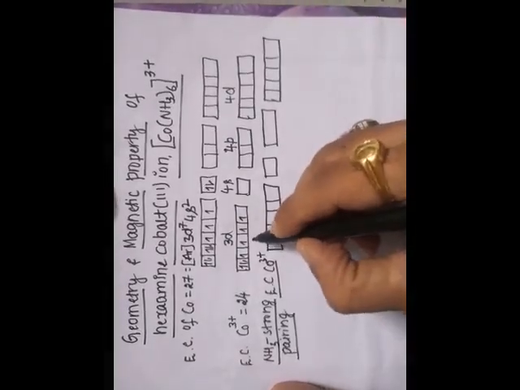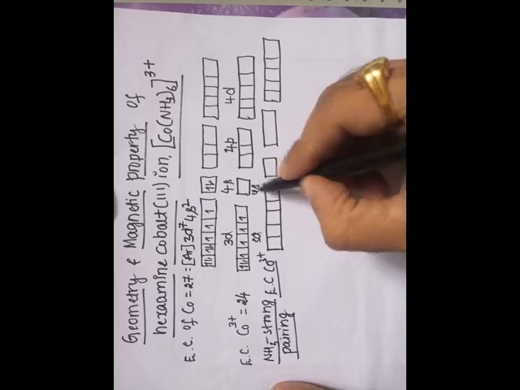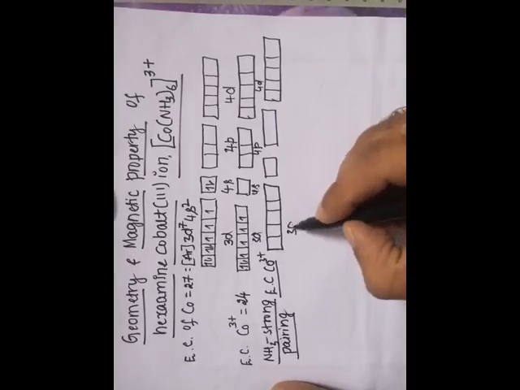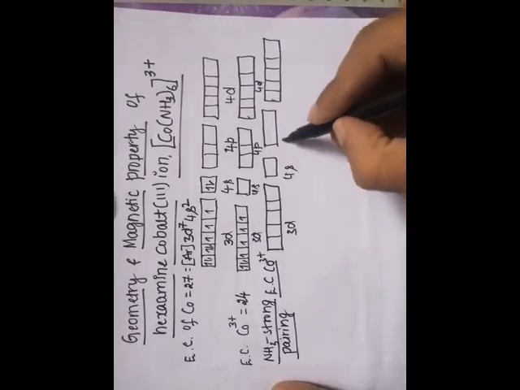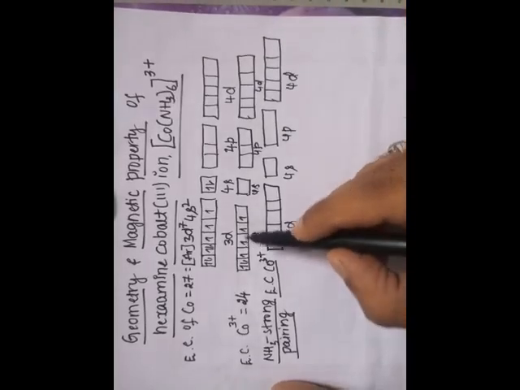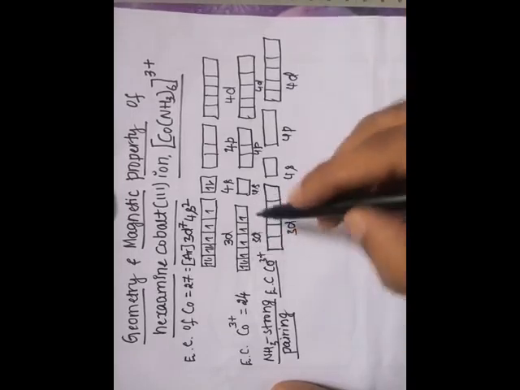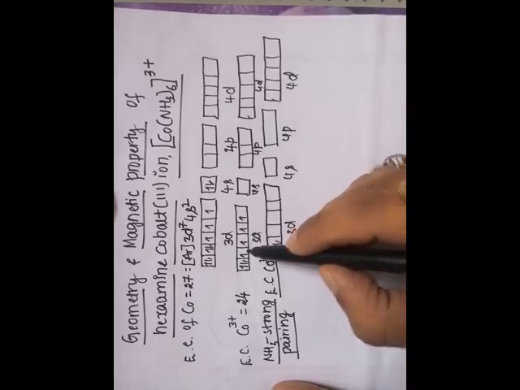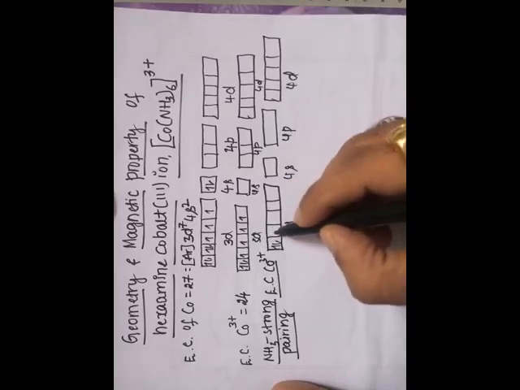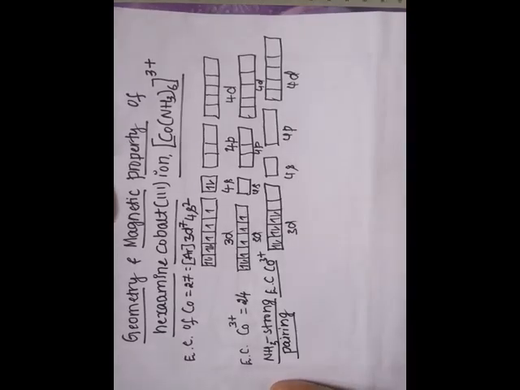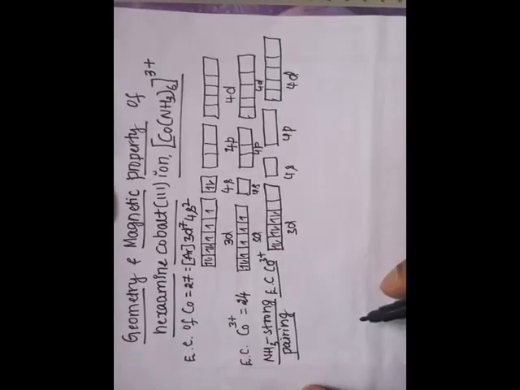This is 3d, 4s, 4p and 4d. These unpaired electrons will get paired up. One pair is already present, so these 4 electrons will form 2 pairs of electrons. So pairing takes place.